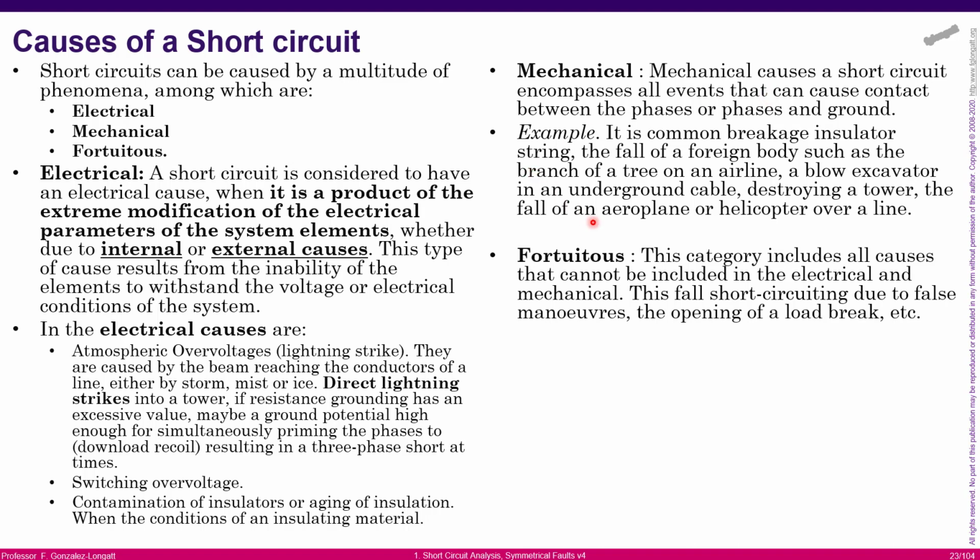On the other hand, finally, we have electrical and mechanical classes, but the third class covers anything else that cannot be included in the other causes, okay? That includes, for instance, human errors. Human errors sometimes can create a short circuit.